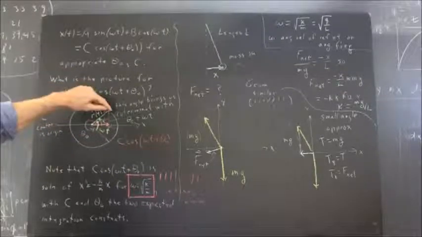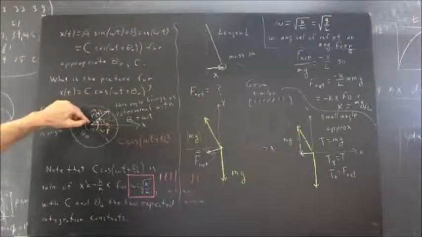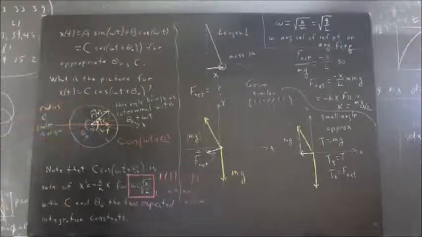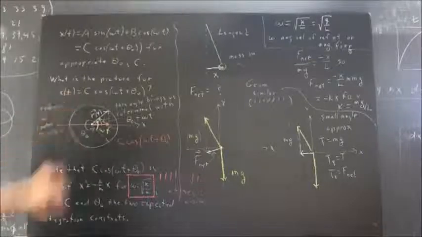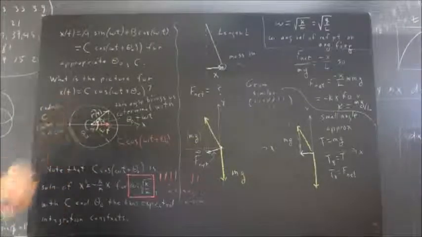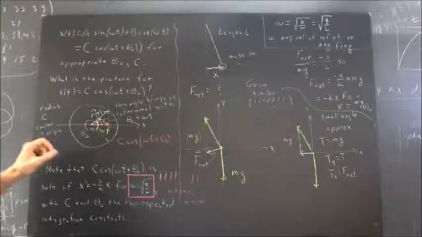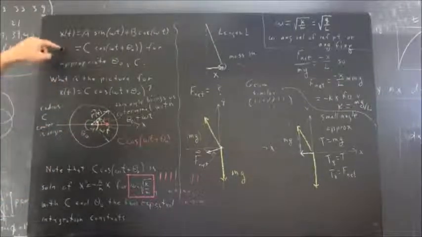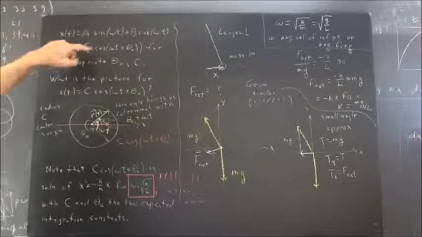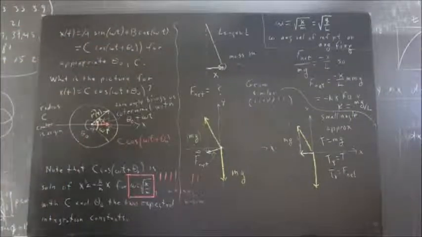Then we're coterminal with the angle that I've represented here. So, with that little caveat, and hopefully you understand circular trigonometry well enough to understand what I just said, this is our r of t vector, corresponding to c cosine of omega t plus theta naught.